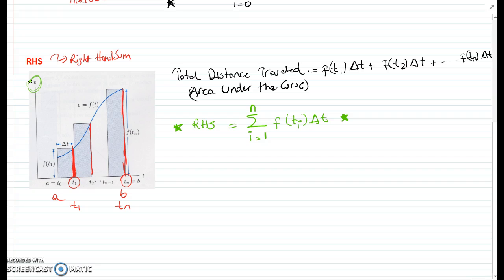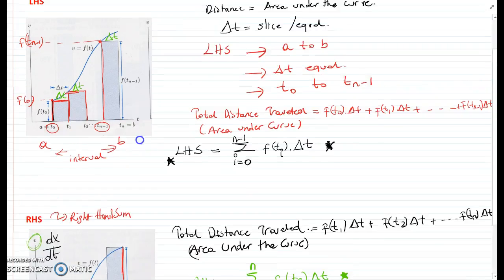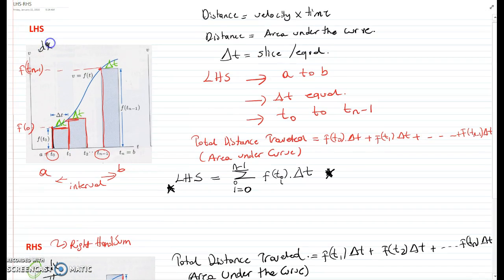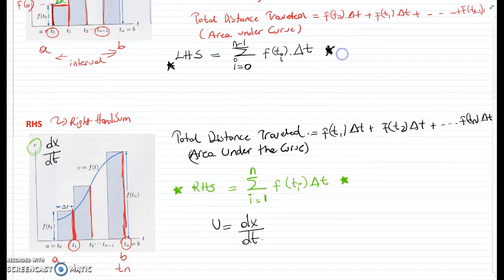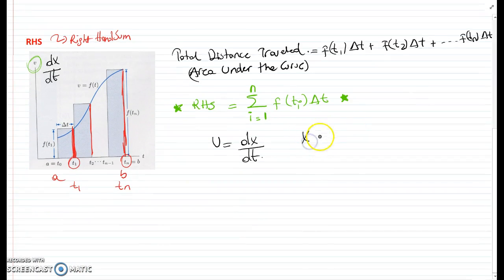And remember, velocity was the derivative of position. So it would be better to put dx over dt for those axes, thinking of x as a position function. If we take the derivative of position with respect to time, we obtain the velocity function.